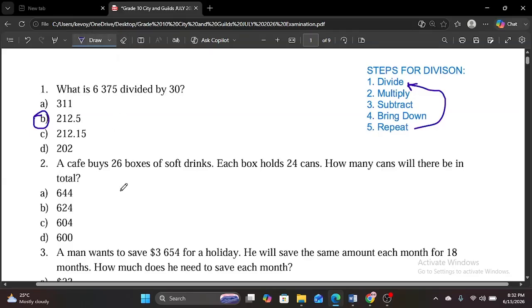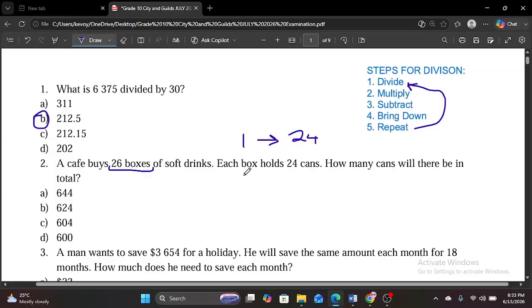So a cafe buys 26 boxes. One box holds 24 cans. So if one box holds 24 cans, how many cans will there be in total if we buy 26 boxes?